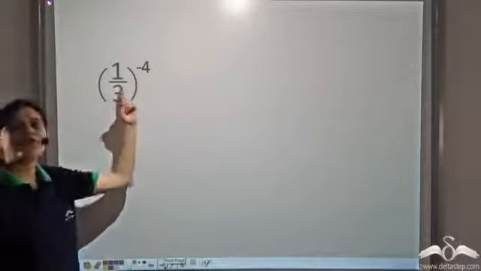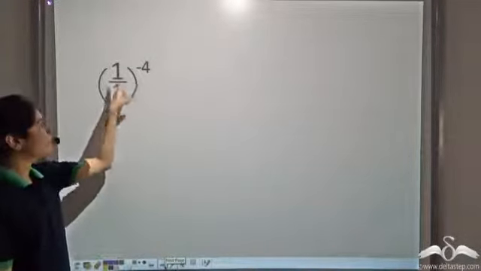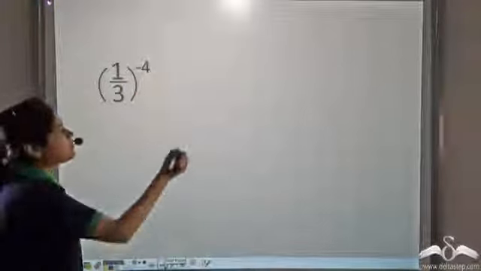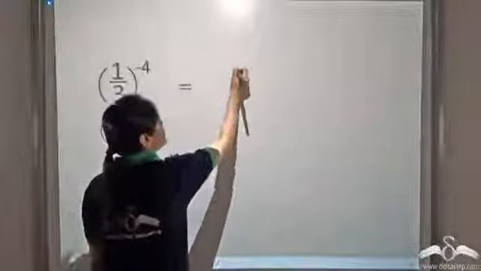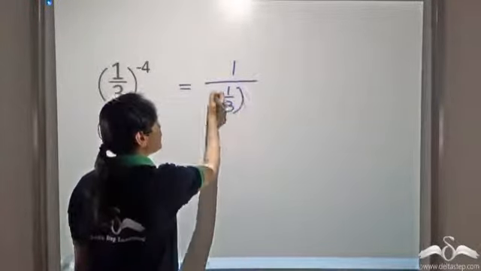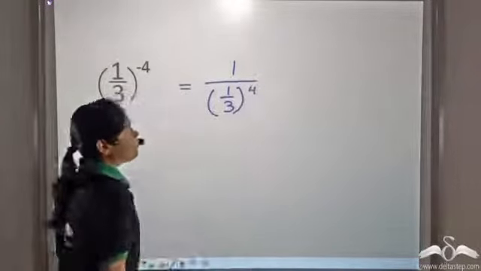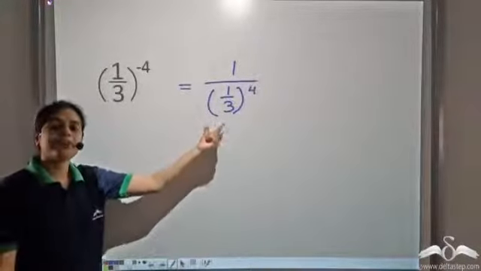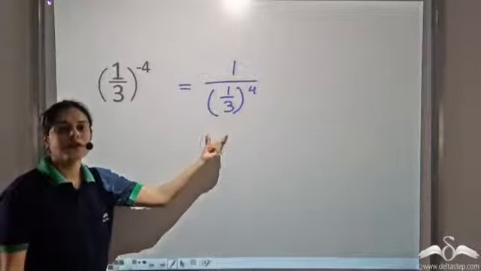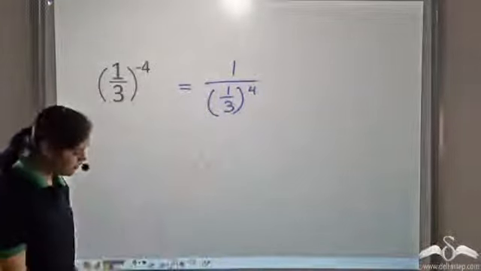This holds for fractional bases as well. So if we have 1 by 3 raised to the power negative 4, we can write it as 1 divided by 1 by 3 to the power 4. And this can be simplified further using the laws of exponents, which we'll learn in future lectures.